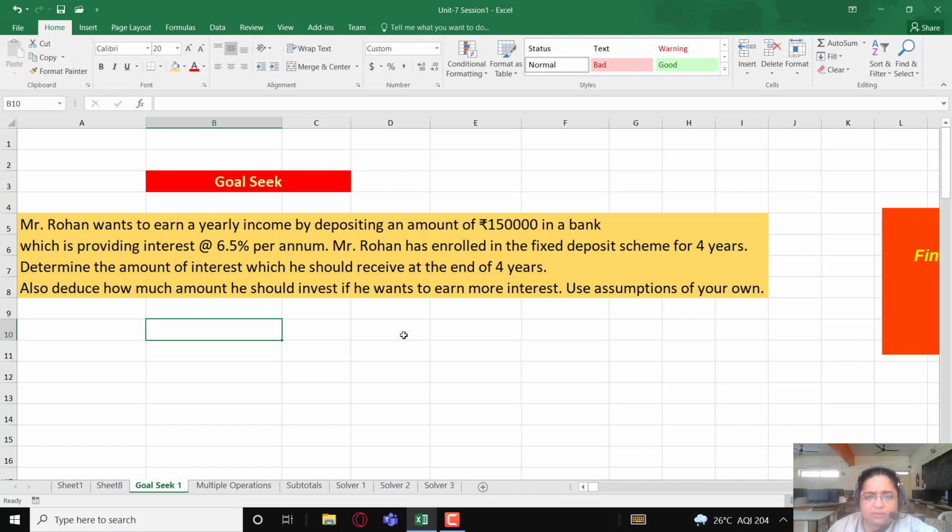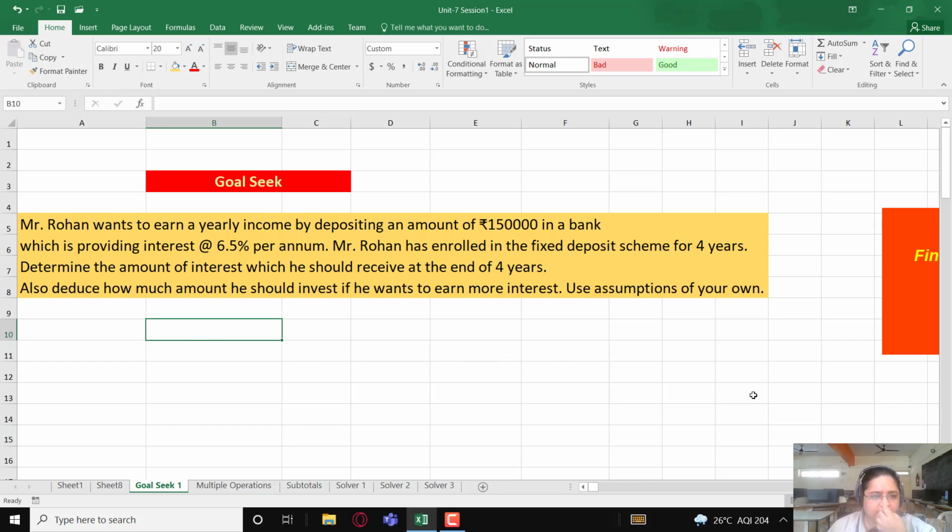Mr. Rohan has enrolled in the fixed deposit scheme for 4 years. Determine the amount of interest which he should receive at the end of 4 years. Also deduce how much amount he should invest if he wants to earn more interest. Use assumptions of your own.